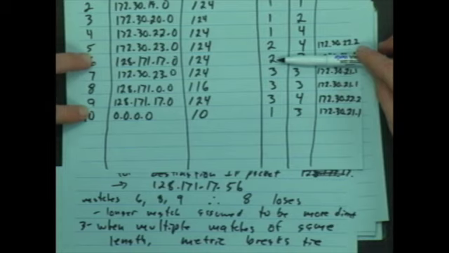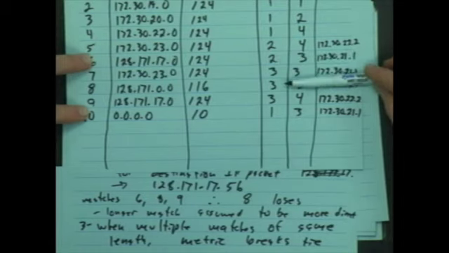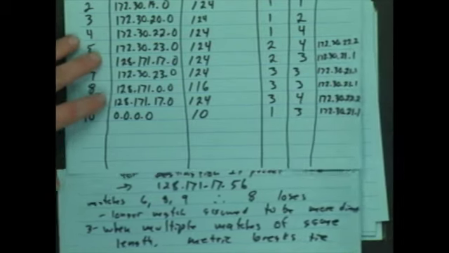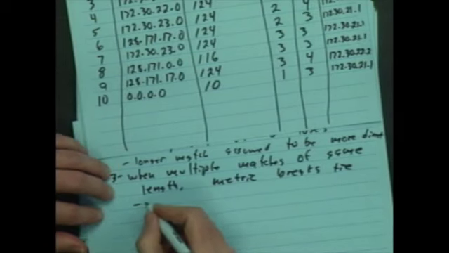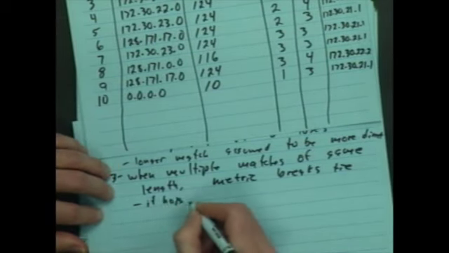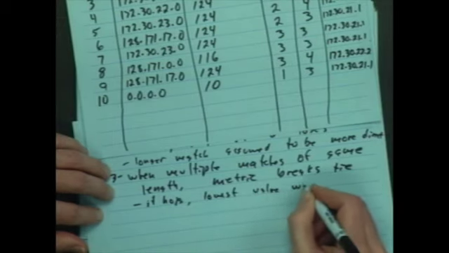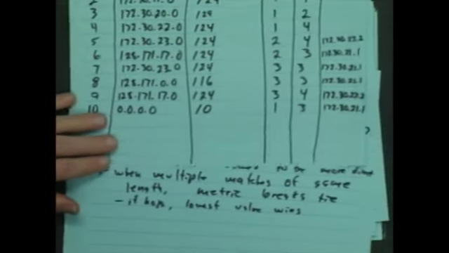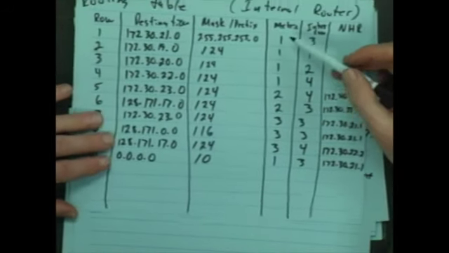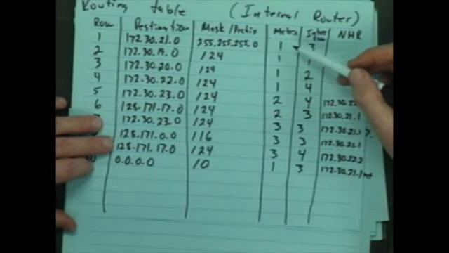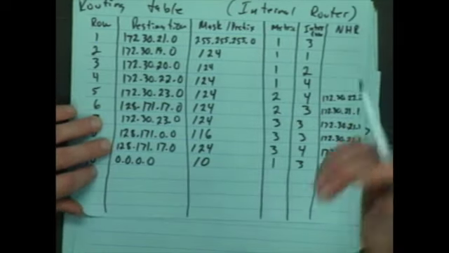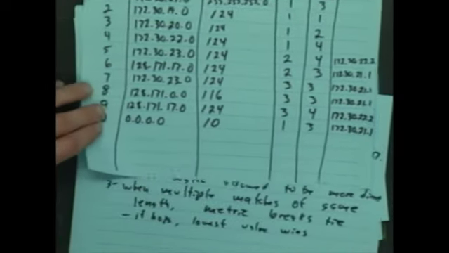Normally in the metric column, the lowest value wins, because this is the number of hops. Okay? The lowest value wins. So we'll note that. If it's hops, the lowest value wins. You have an option, just so you know, to set this metric column to be speed, and in that case, the highest value would win. But most people do hops.